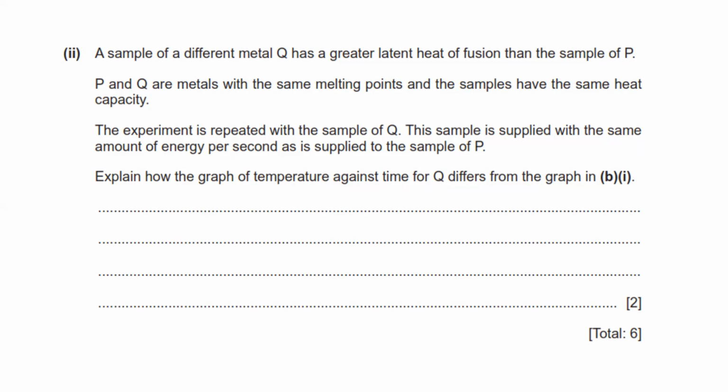The experiment is repeated with sample Q. The sample is supplied with the same amount of energy per second as supplied to the sample P. Explain how the graph of the temperature against time for Q differs from the graph in part 1.